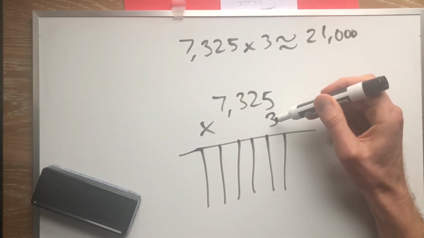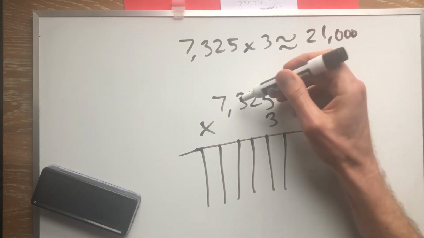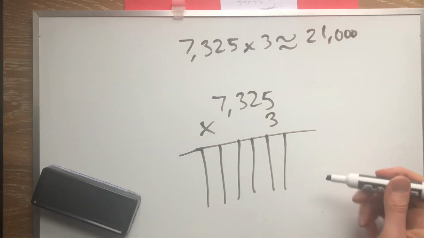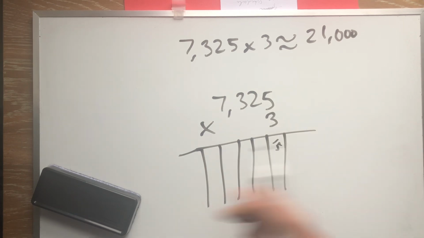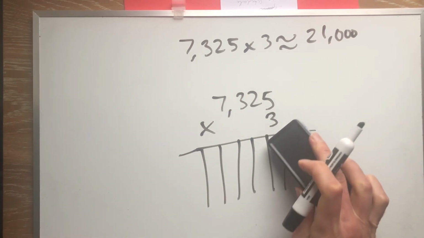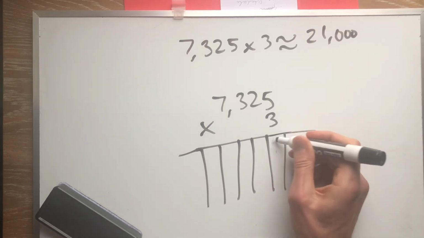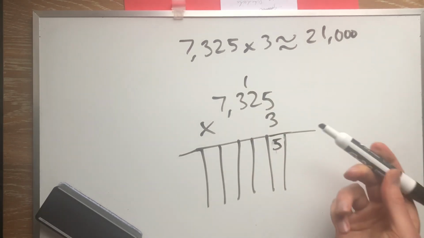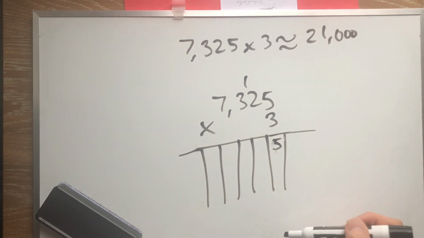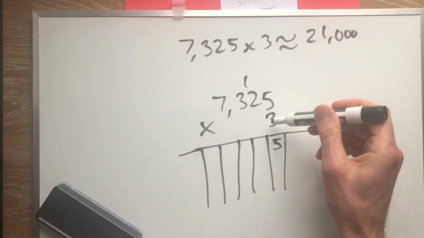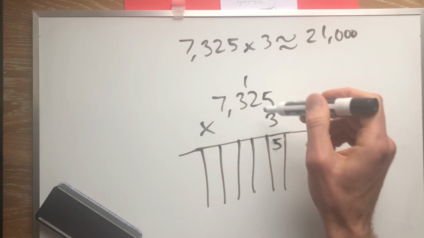We're going to multiply the 3 times the 1s, 10s, 100s, and thousands. What's 3 times 5? 15. Do I squeeze it in like that? No, you don't. You do the 5 there and the 1 there, which makes sense because 15 is 5 1s and 1 10.